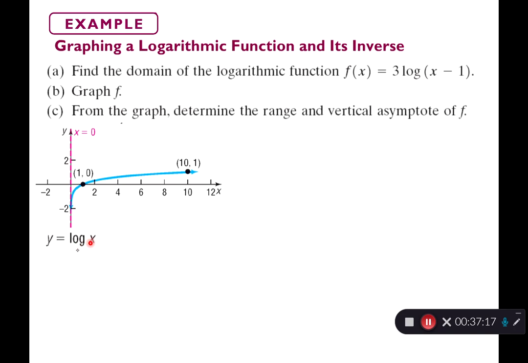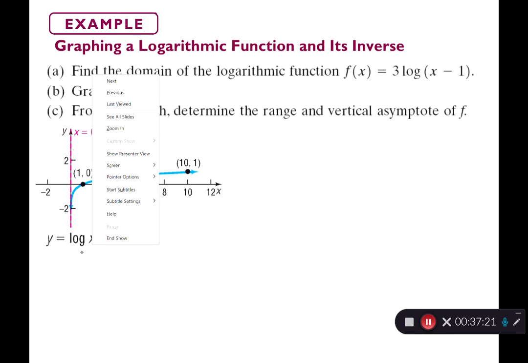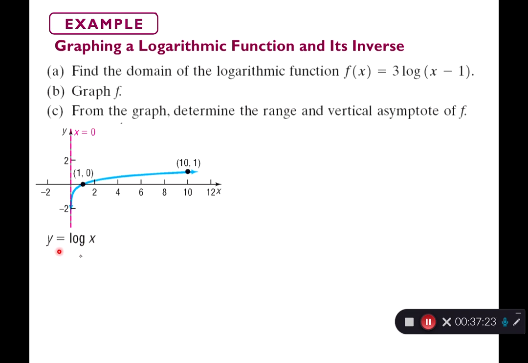So if I plugged in 1, 10 to the 0 power is 1, so that's 1 comma 0. And if I said log base 10 of 10, I got an exponent of 1. So these are my 2 points for my parent graph.